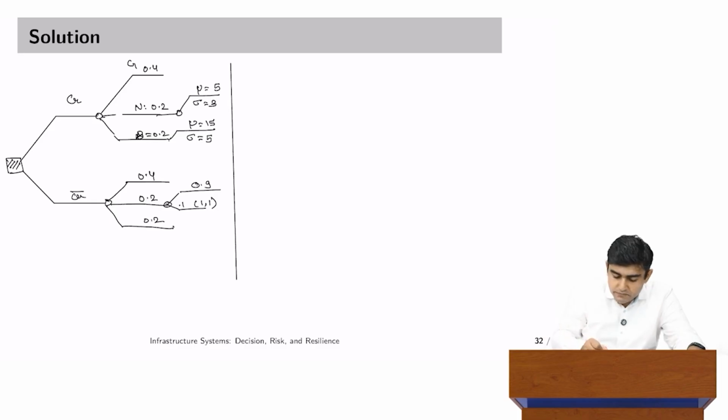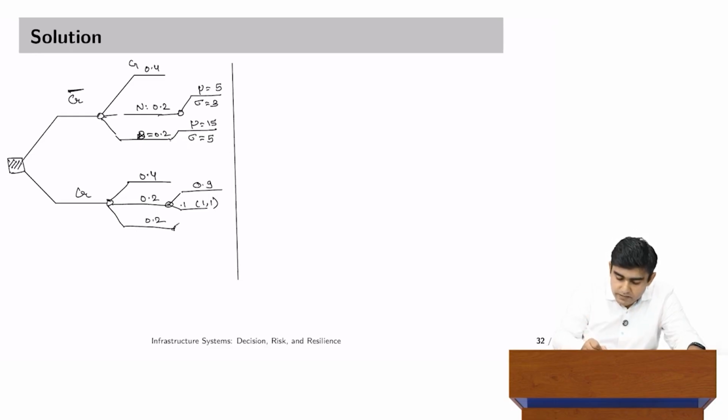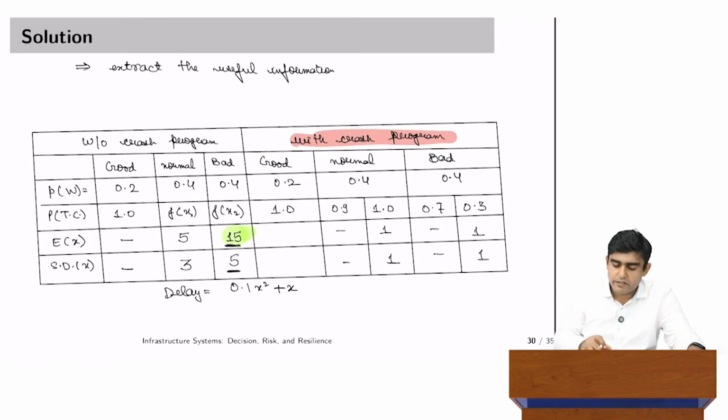In second case, I think we should say that the first is for without crash program, and the line below decision is with crash program. 90% chance no uncertainty is involved, 10% chance uncertainty is involved, and the mean and standard deviation of those delays. Here I will go with 0.7, I would have 0.3, 1 and 1 being the parameter. So this is the tabulated version of entire information.